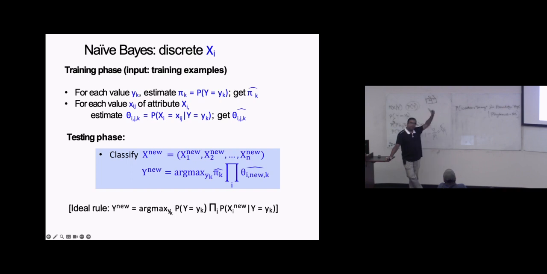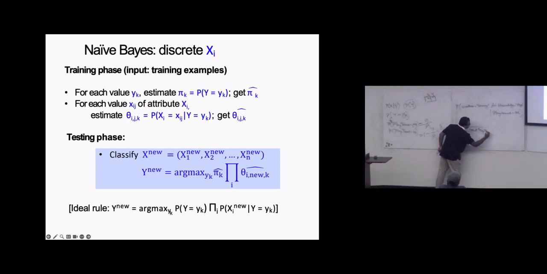We are given that table, the 14 example table. How do we compute this? You look at all the times that play tennis is yes and count how many of those are correct. So first of all, count for how many play tennis is equal to yes. Then on the top, how many times all three are true, right?